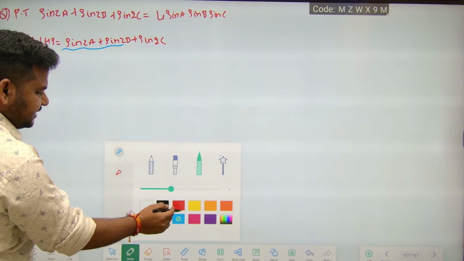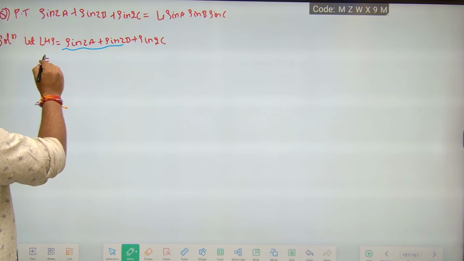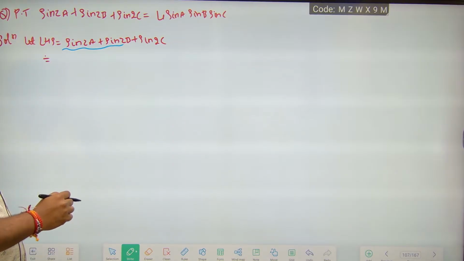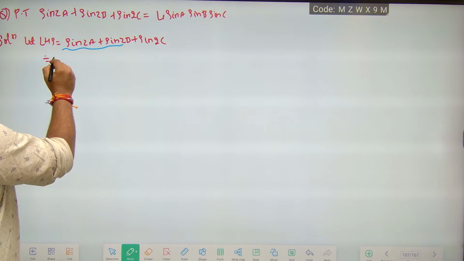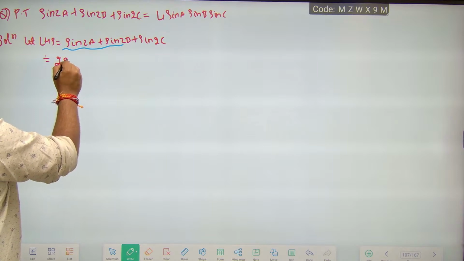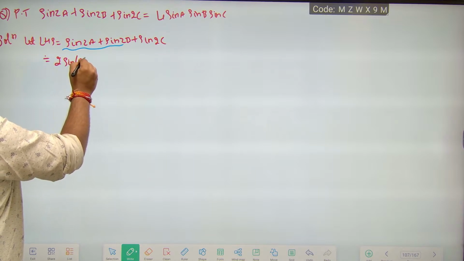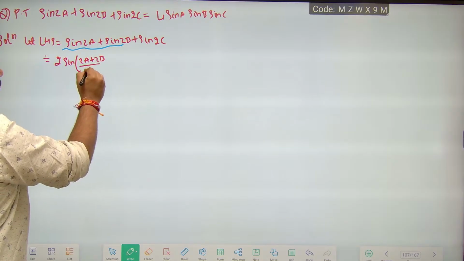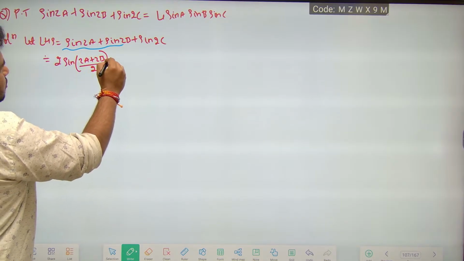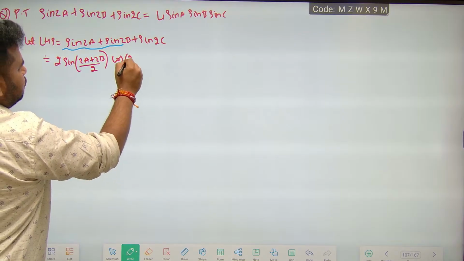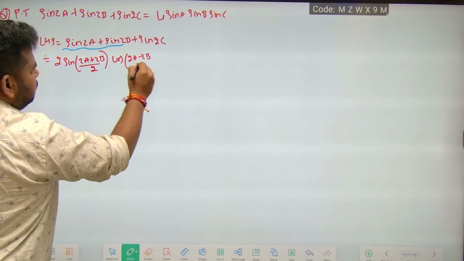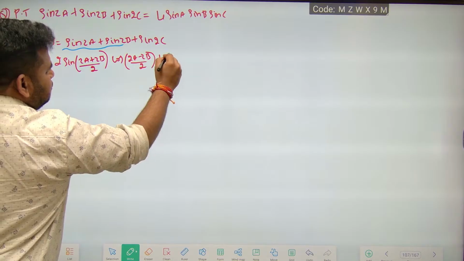Sin C plus sin D I can write as 2 sin (C plus D) by 2 cos (C minus D) by 2. That is 2 sin (2A plus 2B) by 2 cos (2A minus 2B) by 2, plus sin 2C, which I will write as it is.